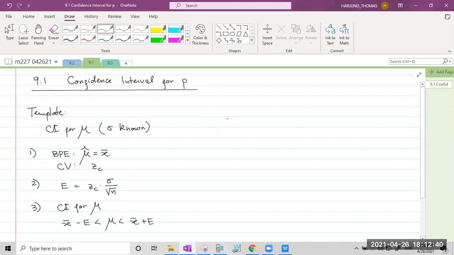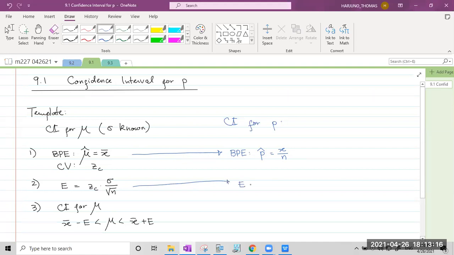Now, what happens if we want to do confidence interval for population proportion? Where will that change? It will change in the first step. The best point estimate for population proportion is sample proportion, number of successes over n. The second change will be in the margin of error.